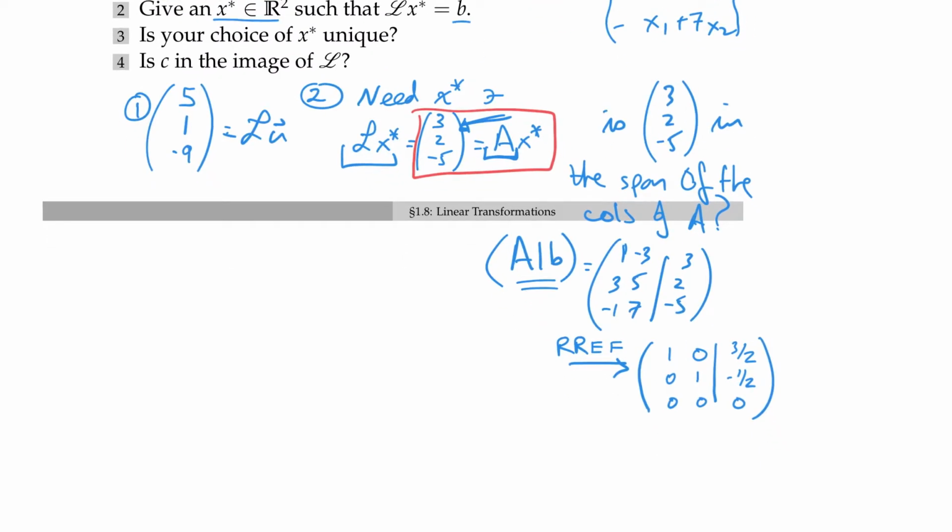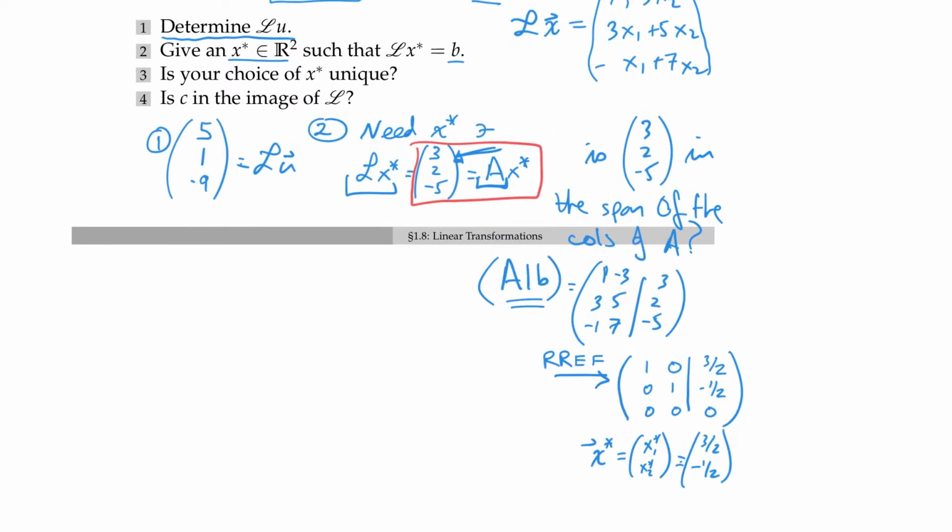And by Jove, yep, we have a solution. Namely, if I set x star equal to x1 star, x2 star, then I'd have 3 halves, negative 1 half is a solution. So there's my x star. So that is the answer to number 2.